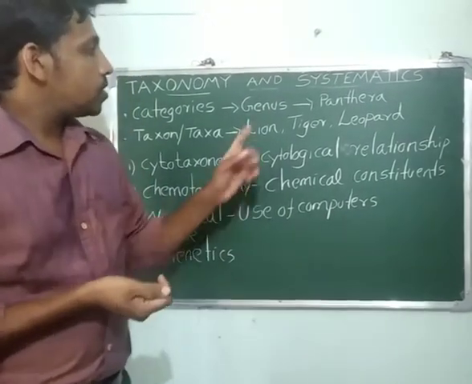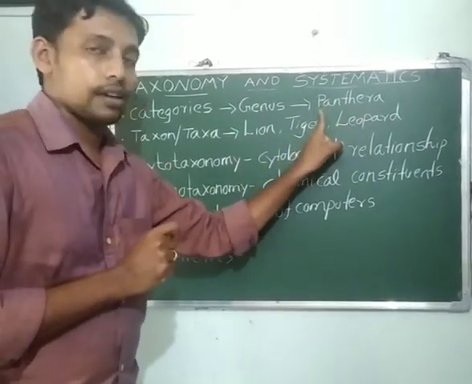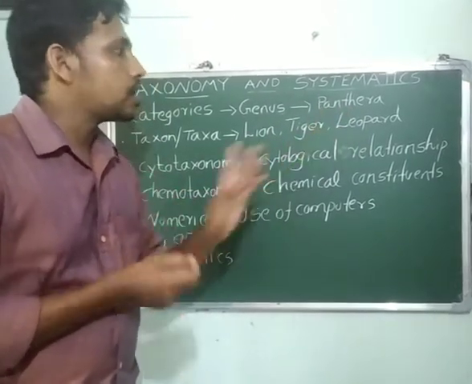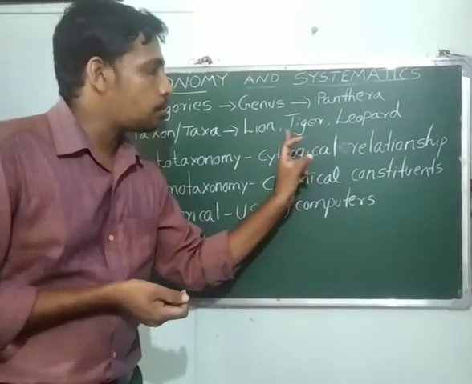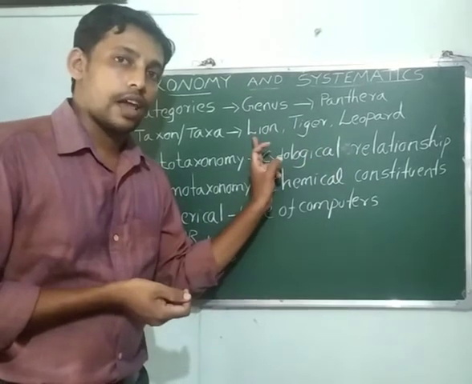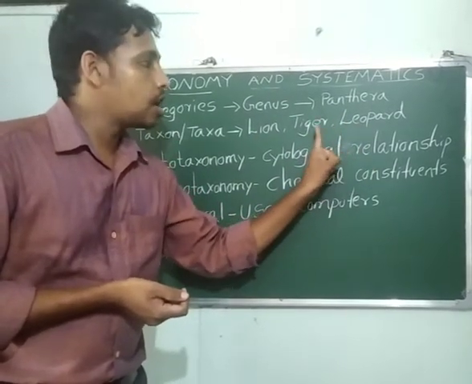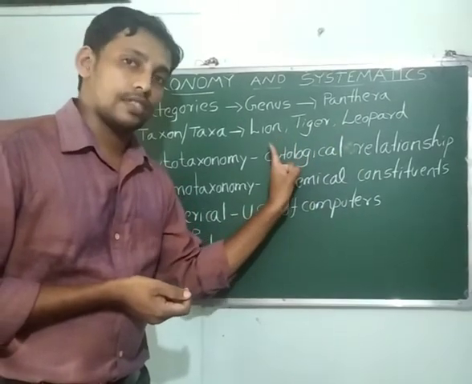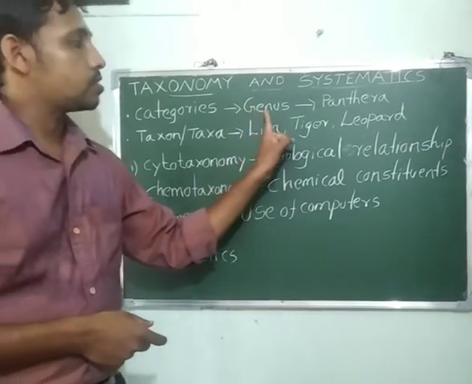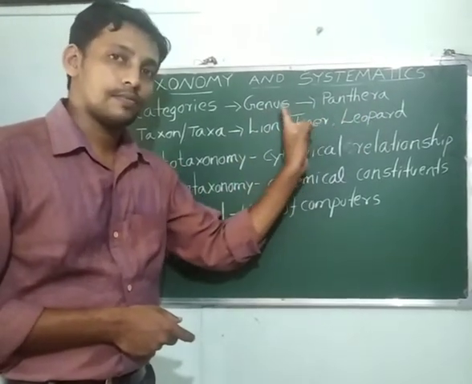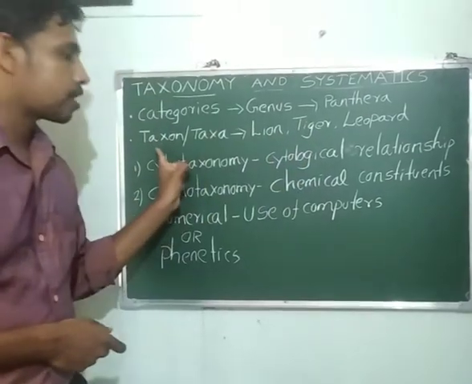Inside a particular genus, for example Panthera, there are different organisms. These are all biological objects: lion, tiger and leopard. These are biological objects coming under the category Panthera. These are the taxon.